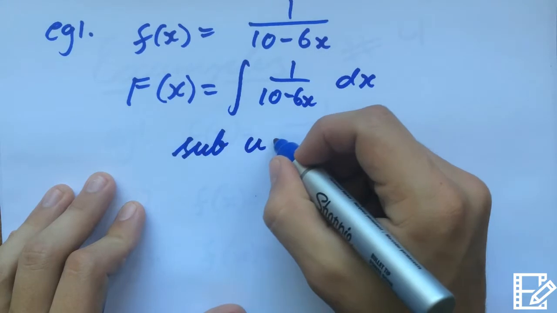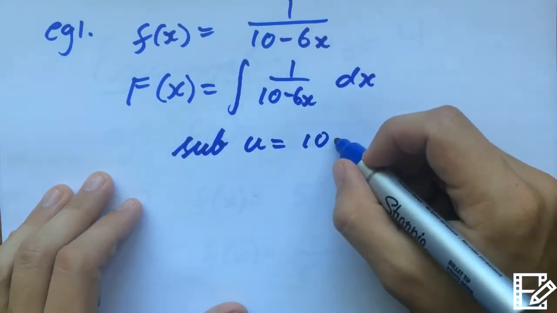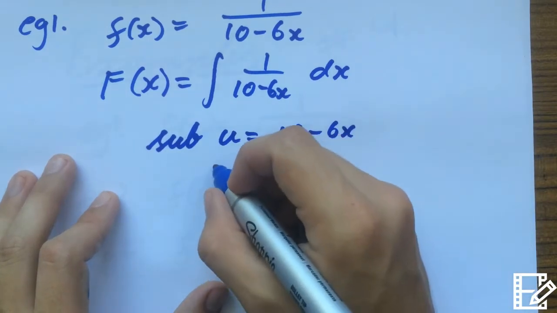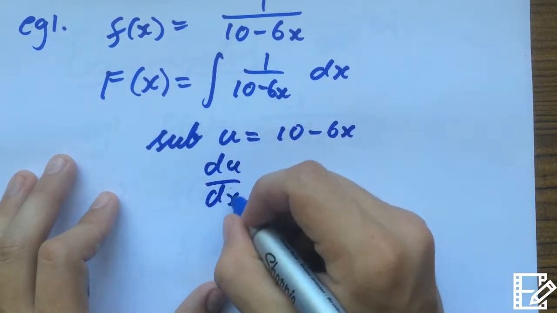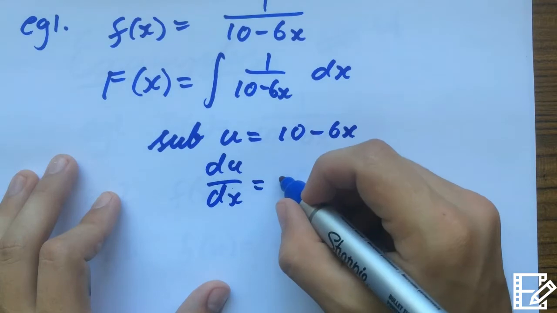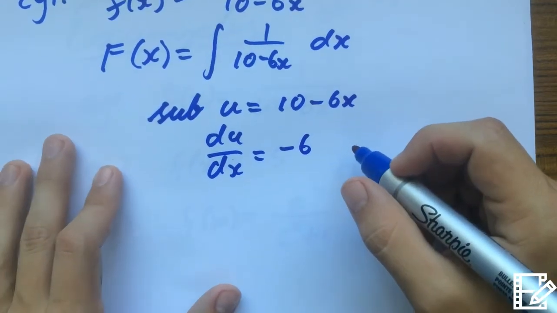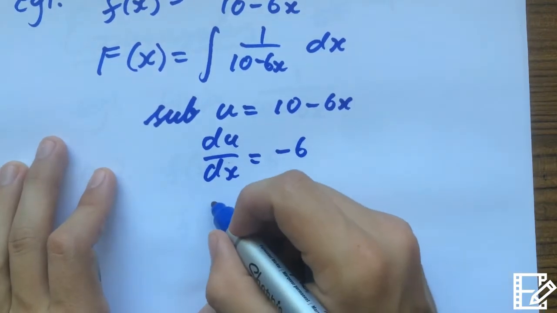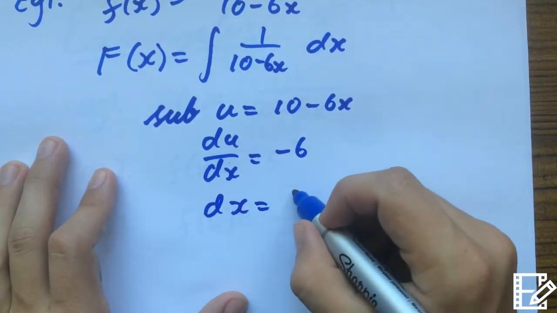I'm going to sub u in for 10 minus 6x, which will give us derivative, which will just be negative 6. And then to isolate dx on its own, so we can input it here, we'll have dx equals du.